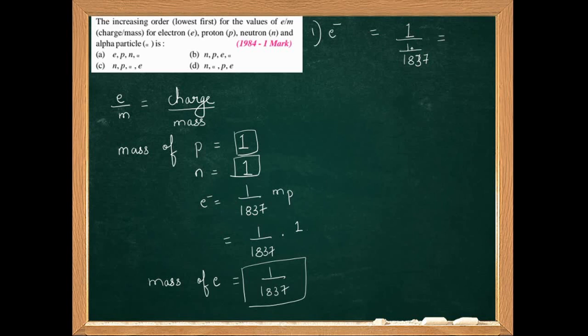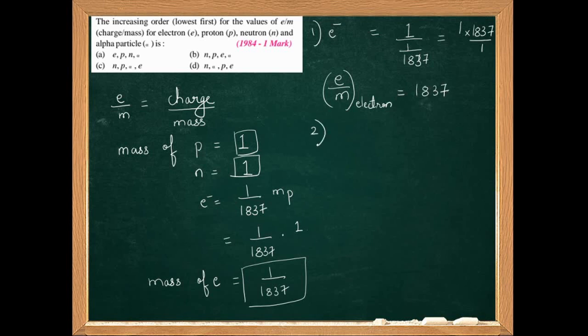Whenever we have a fraction in the denominator, it multiplies as its reciprocal, so this will be 1837 upon 1, which gives 1837. So the e by m ratio for an electron is equal to 1837.